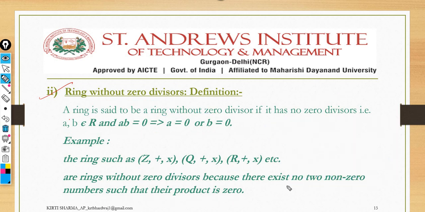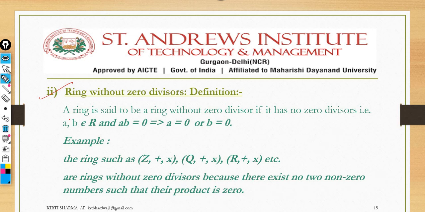If we apply the operation on any two non-zero numbers, the resultant value should not be zero. There should not be any such situation. That is known as a ring without zero divisors. If you apply the operation on non-zero elements, the answer should be non-zero only. Then you can say ring without zero divisors. I hope it is clear.